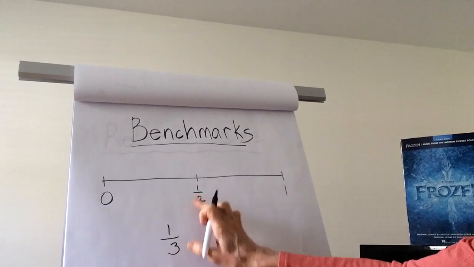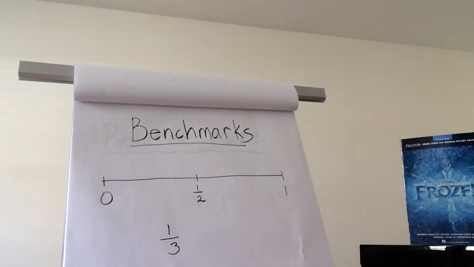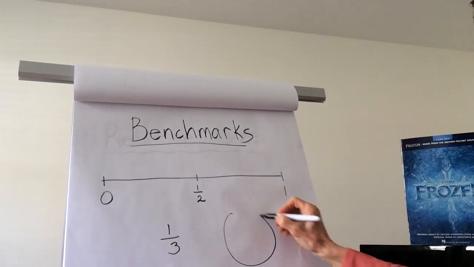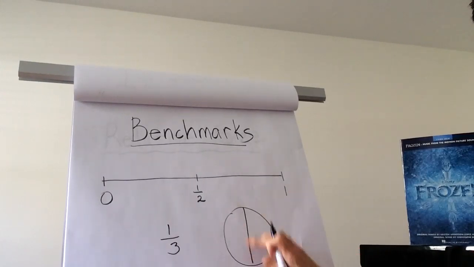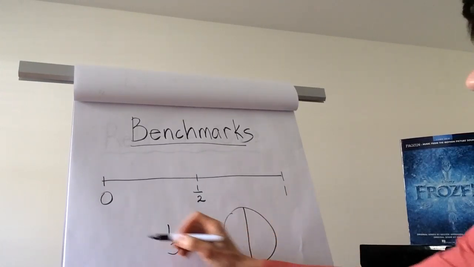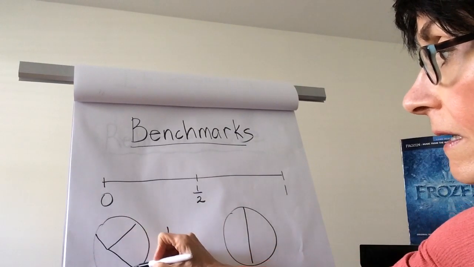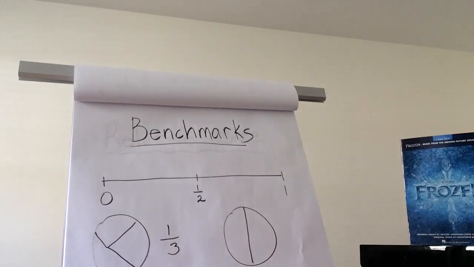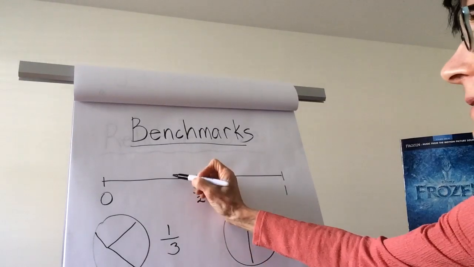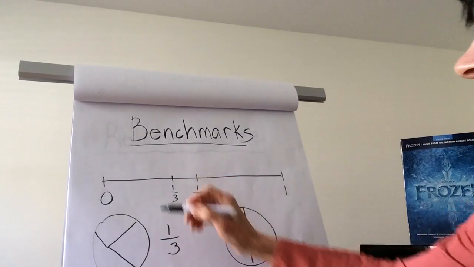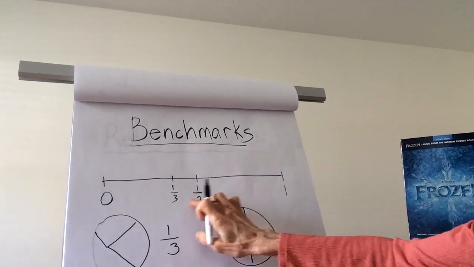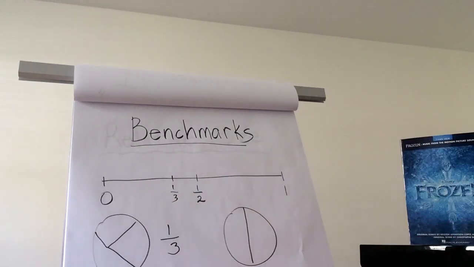Well, if we think about the denominators and we think about, for example, a pizza, if we divided a pizza in half, there's 1/2. And then if we divided a pizza in thirds, not a very good third, but you can see you get less of a pizza, wouldn't you? So a third has to be smaller than 1/2. So I would guess it would be somewhere here. Gives me a benchmark. 1/2 is my benchmark to know that 1/3 is smaller.